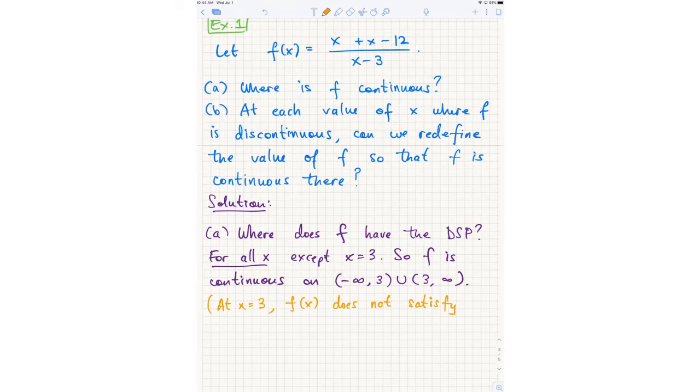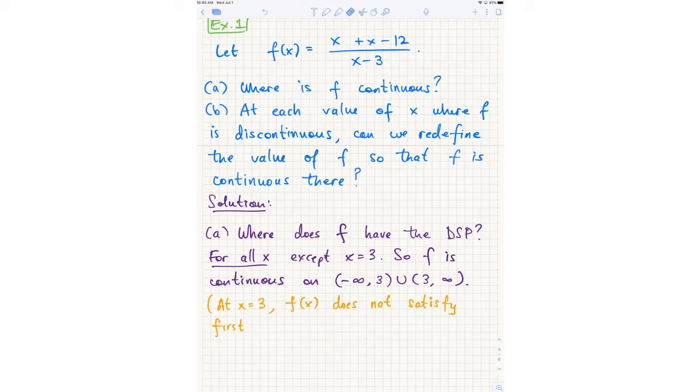Undefined, so it does not satisfy the first property of continuity. And once you don't satisfy the first property, you automatically don't satisfy the third property. So I'll say first and third properties.